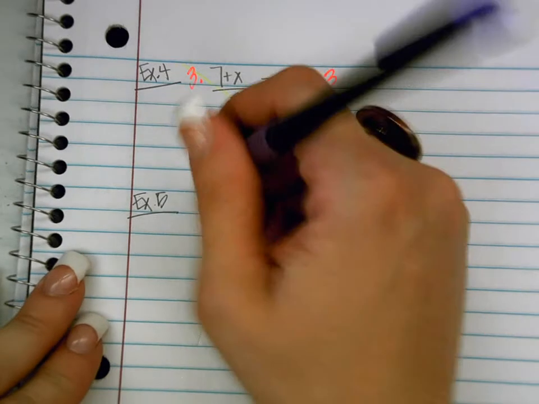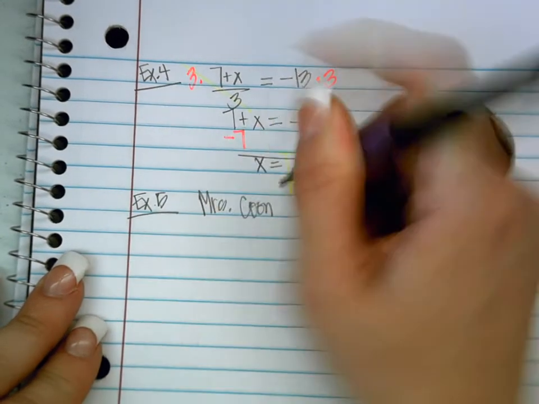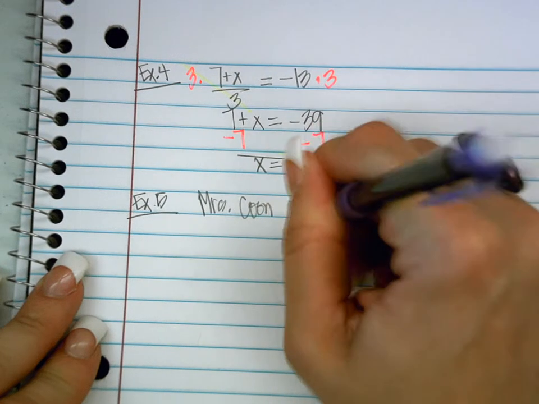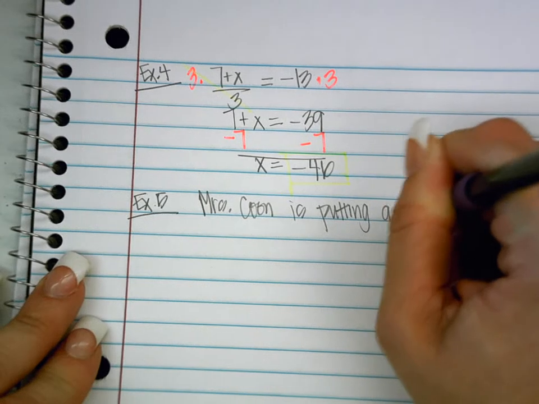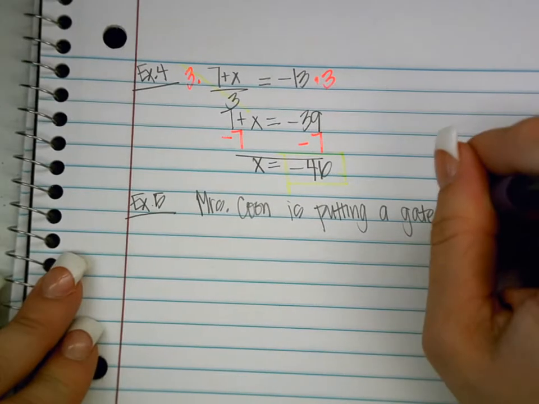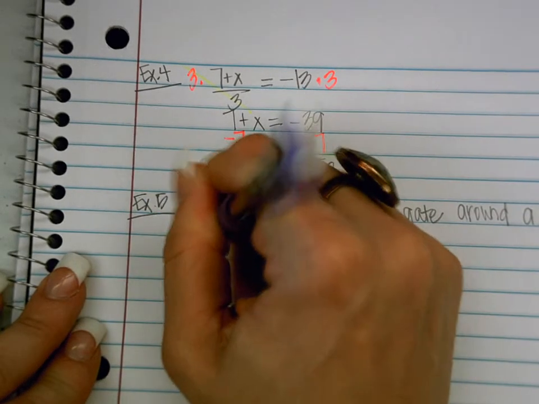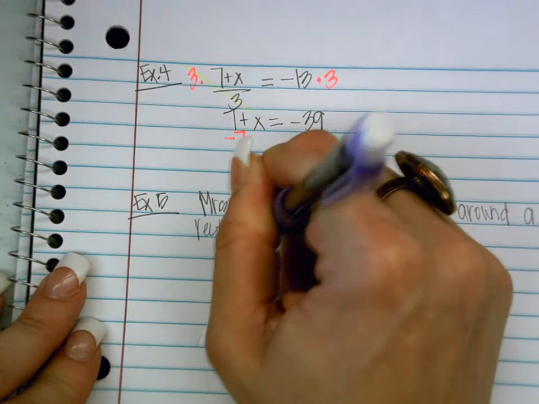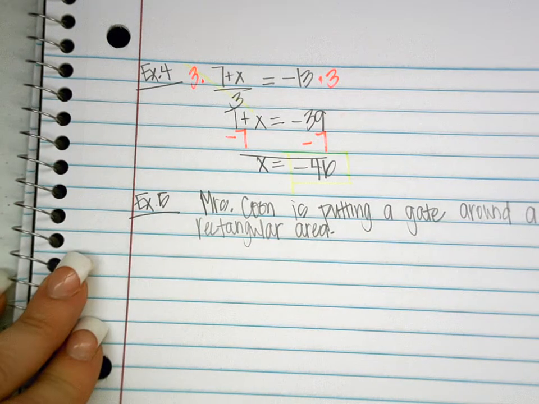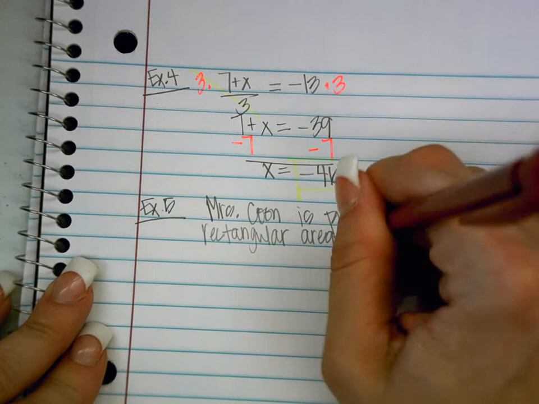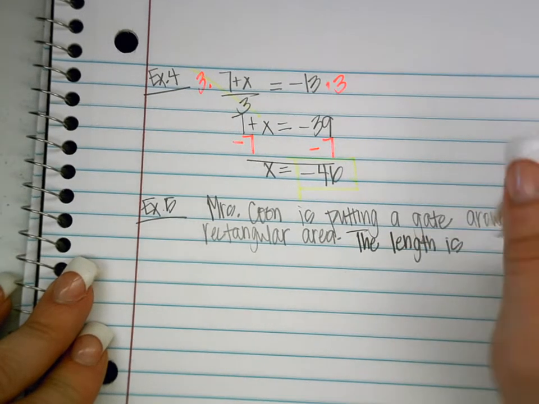So if I tell you that Mrs. Coon is putting a gate around a rectangular area. The length is 45 inches.